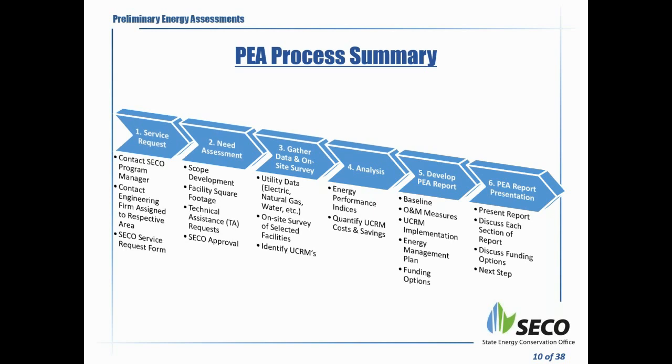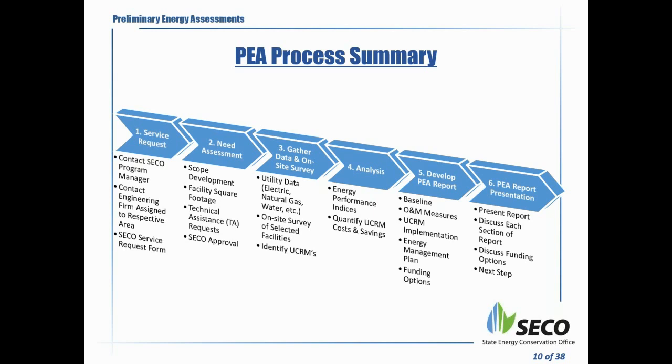And then the next step is a report development. So we develop the PEA report in which you will see all the baselines. You will see any operation and maintenance measures that were recommended, any utility cost reduction measures that were recommended for implementation. Also, if we had input on your energy management plan, so we normally in the need assessment phase will be asking you, do you have an energy management plan?